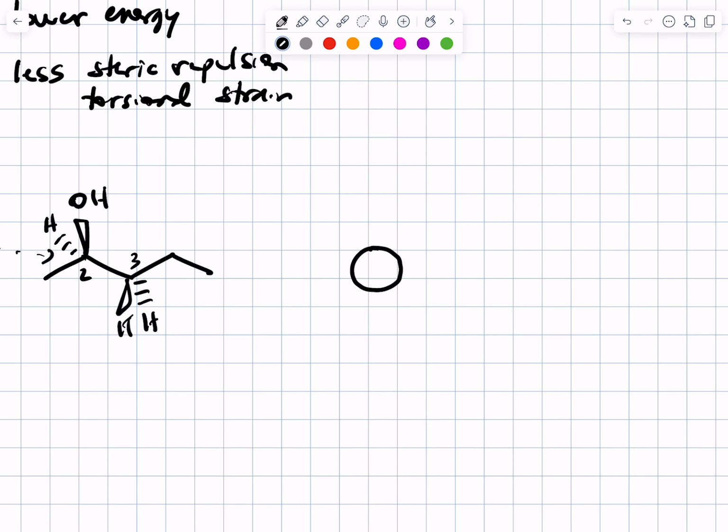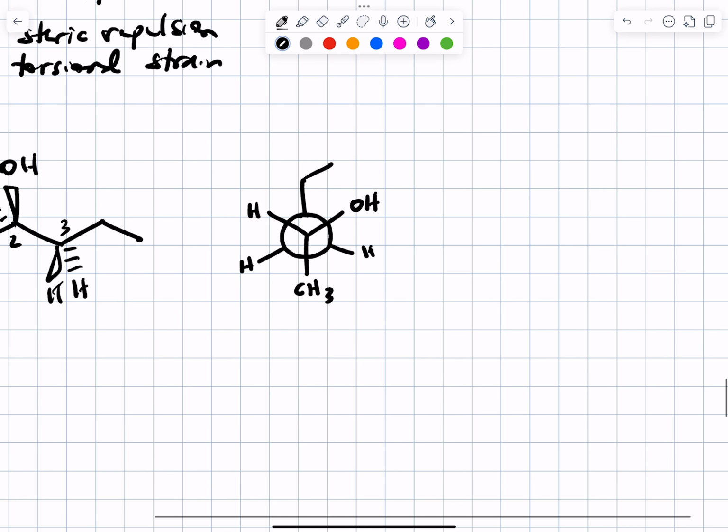The thing that gets complicated here is on carbon 2, we now have two non-hydrogen groups, though on carbon 3, we only have one non-hydrogen group. So in this conformation, the biggest group in the back, which is the ethyl group, is anti to the methyl group in the front, but gauche to the alcohol in the front.